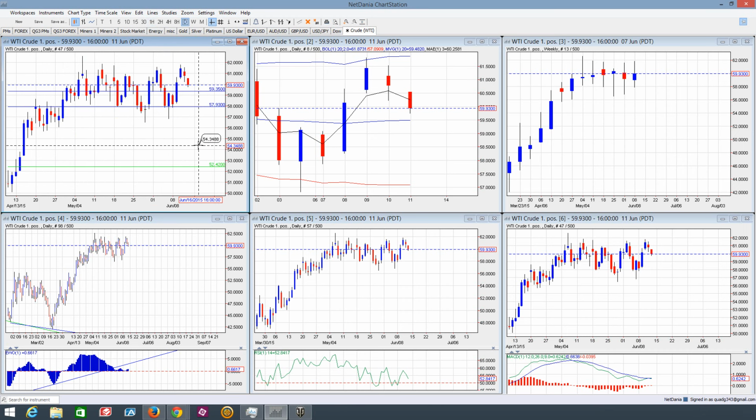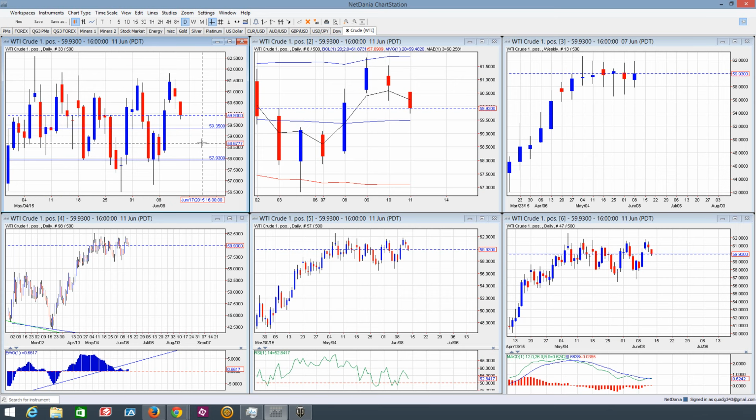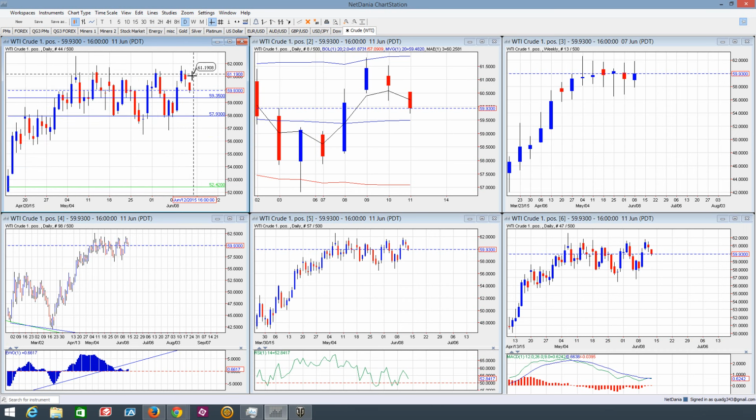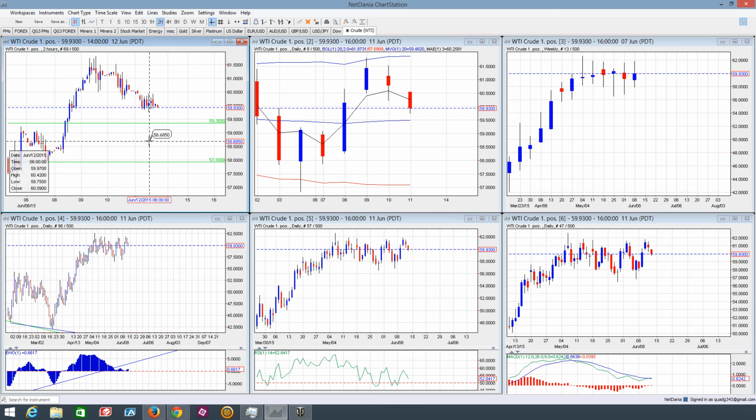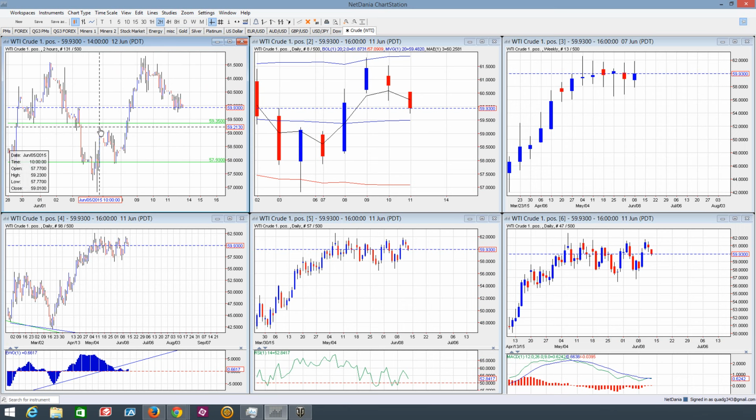But I am still expecting more buying to the upside here, but we're going to have to preferably stay above this high here, and that high is at about 59.23. So we're getting fairly close. We need to be seeing some bottoming action here fairly soon to keep that bullish picture going.